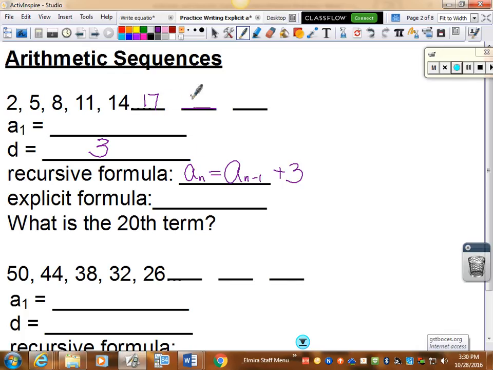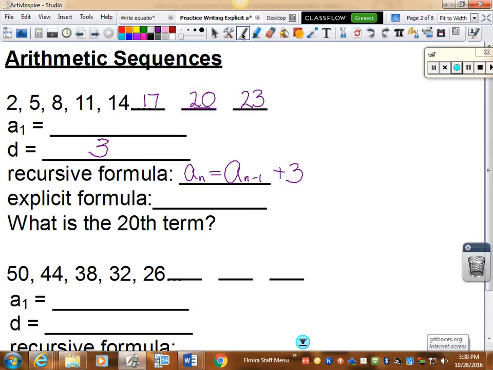So 17 plus 3 is 20. So my next term is equal to my previous term plus 3. So you've been doing recursive all along. You just didn't know how to write it, and you didn't know that that was the word for it.